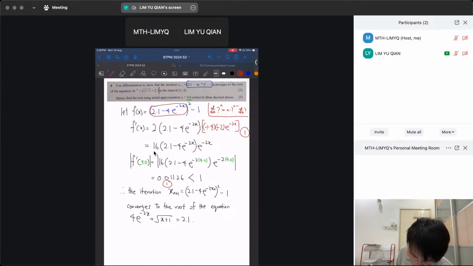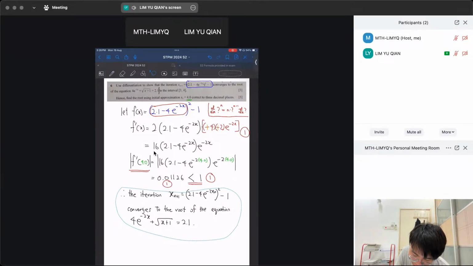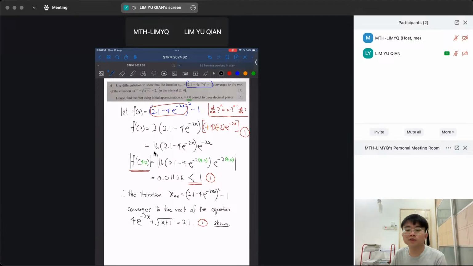Another one is, let's say you find a value and substitute 4.0, and you must say it is less than 1. Less than 1 is very important. You must have the modulus, and of course including the conclusion, you must write. Okay, shown. So the 3 marks are here. Okay, so far so good.